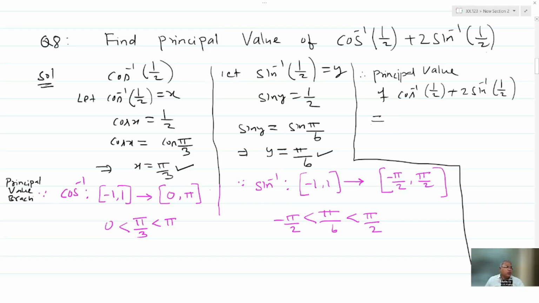Therefore the principal value of cos inverse 1 upon 2 plus 2 sin inverse of 1 upon 2 equals x plus 2y, that is pi by 3 plus 2 into pi by 6, which equals pi by 3 plus pi by 3 equals 2 pi by 3. This is the required solution.